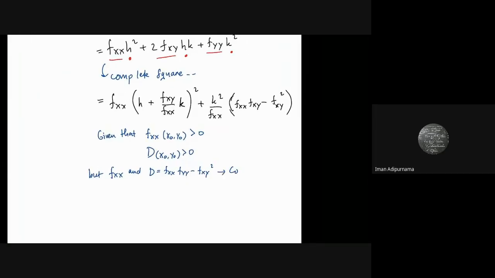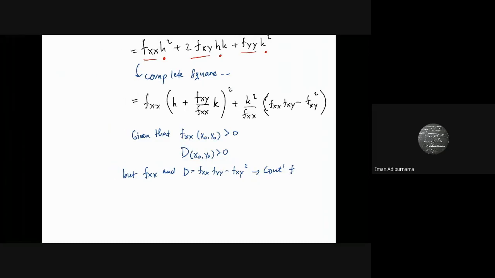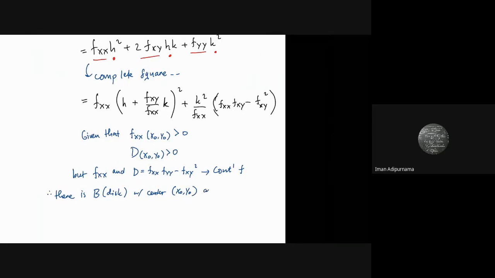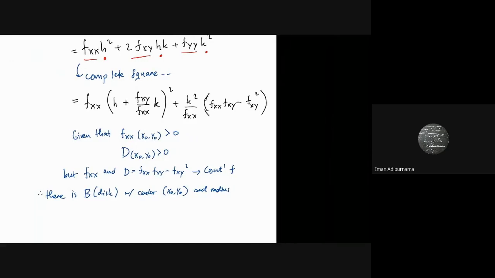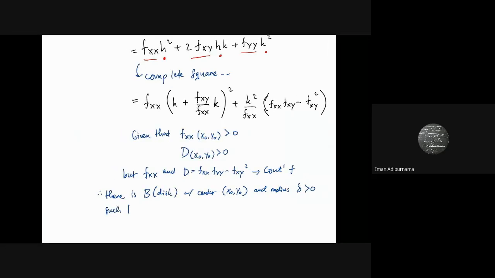They are continuous functions. So there is some disk, let's say this disk with center of x0, y0, and radius, let's say the radius is just a delta that is positive, such that this should be greater than 0 in all xy, and d should be greater than 0.